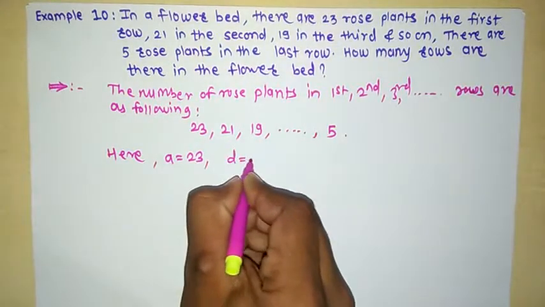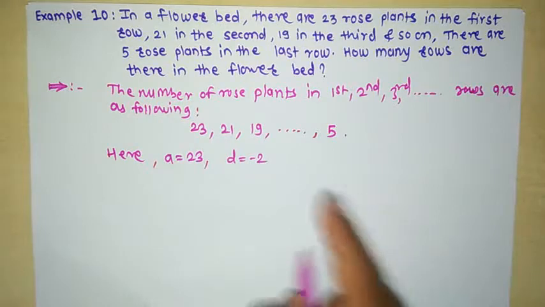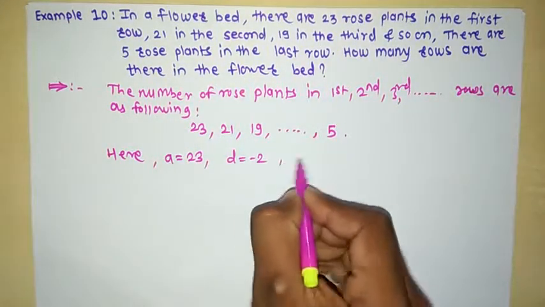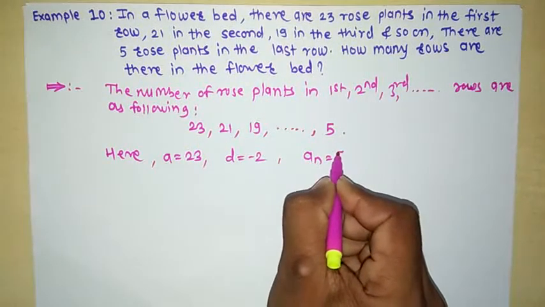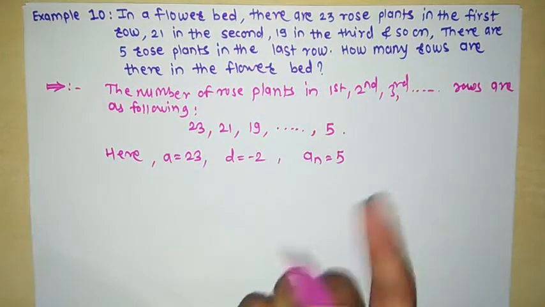Therefore, the common difference D is equal to minus 2, so we can say that the given list of numbers forms an AP. The last term is an, that is, an is equal to 5.